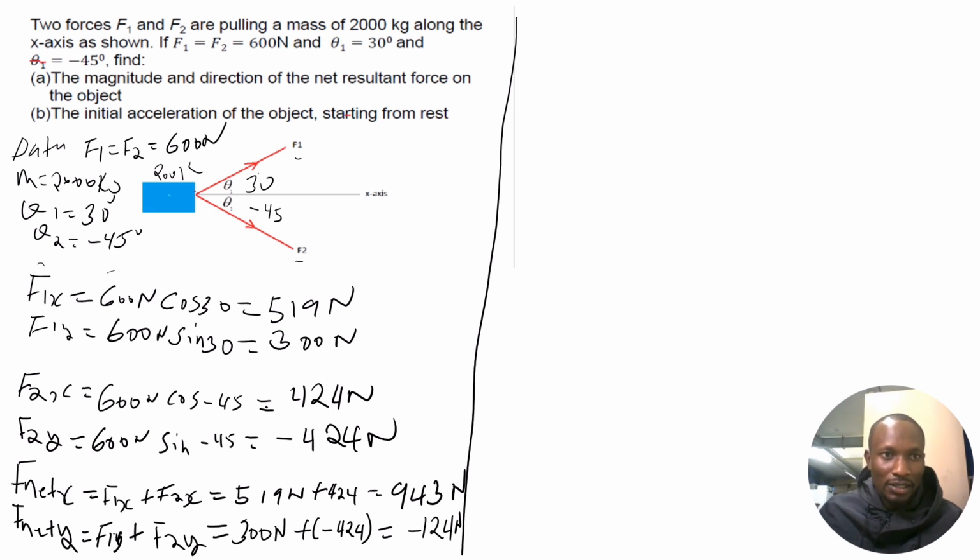So the question reads, find the magnitude and direction of the net resultant force on the object. First we're going to calculate the magnitude.